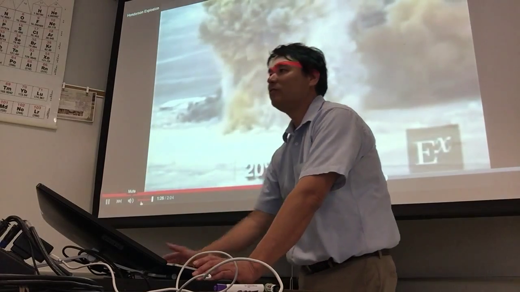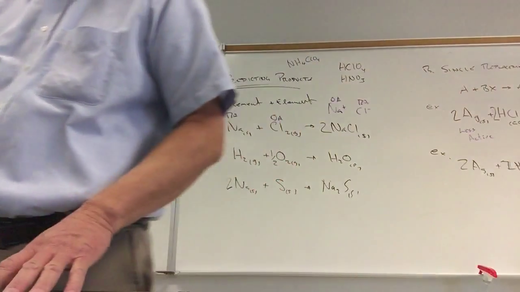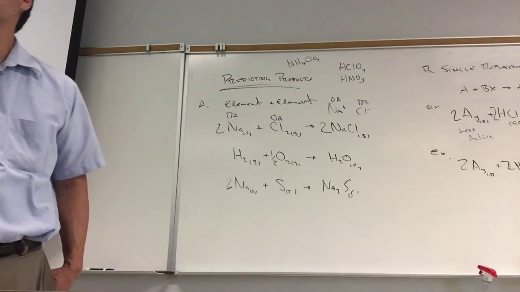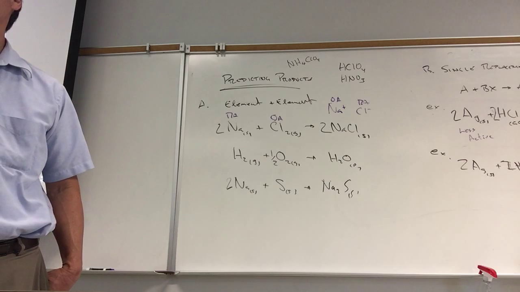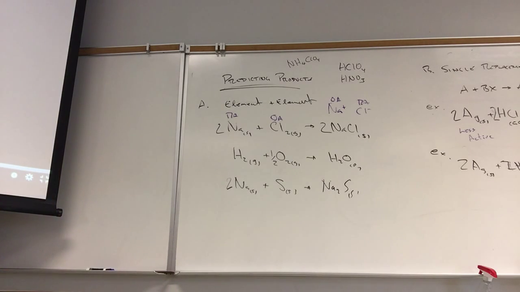Ammonium perchlorate is a very dangerous chemical. Why? Somebody tell me why ammonium perchlorate is such a dangerous chemical? Look at this explosion. Horrendous. Is it because the perchlorate is a very powerful oxidizer, and the ammonium is its fuel?